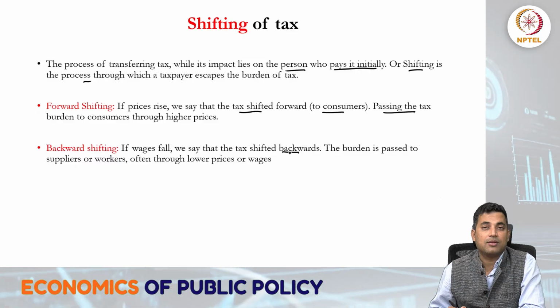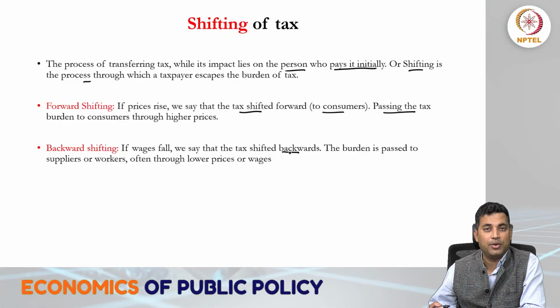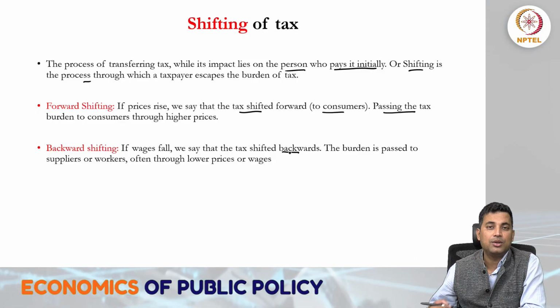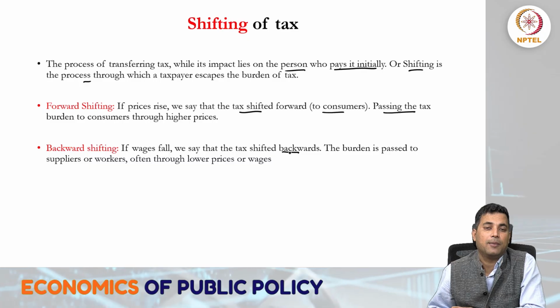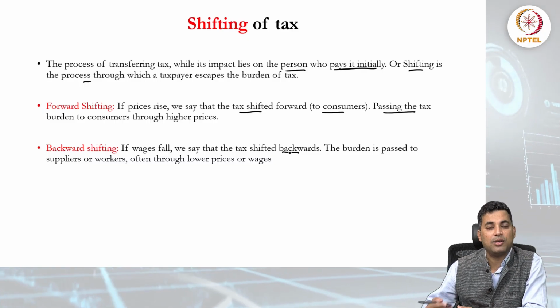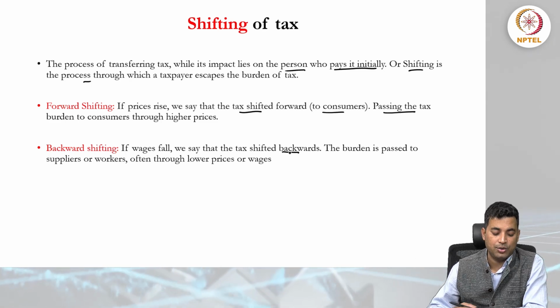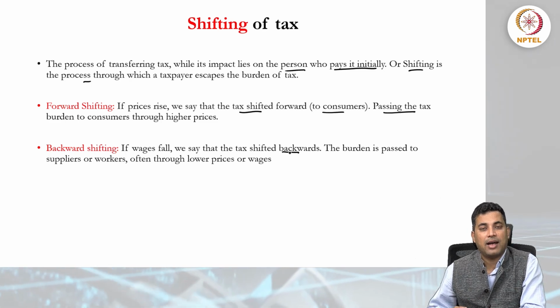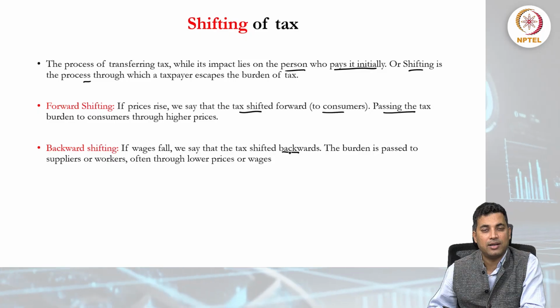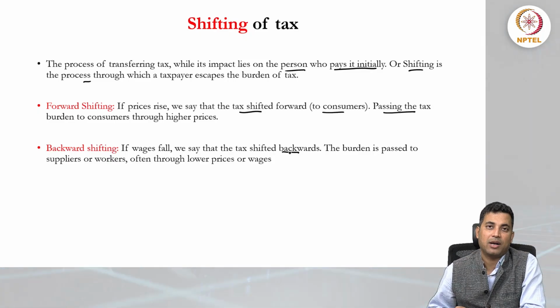So if tax is imposed on producers through the commodity, and it is not passed on to the consumer, it's not forward, but is passed on to the workers through the wages, with no increment for instance, that will be considered backward shifting.